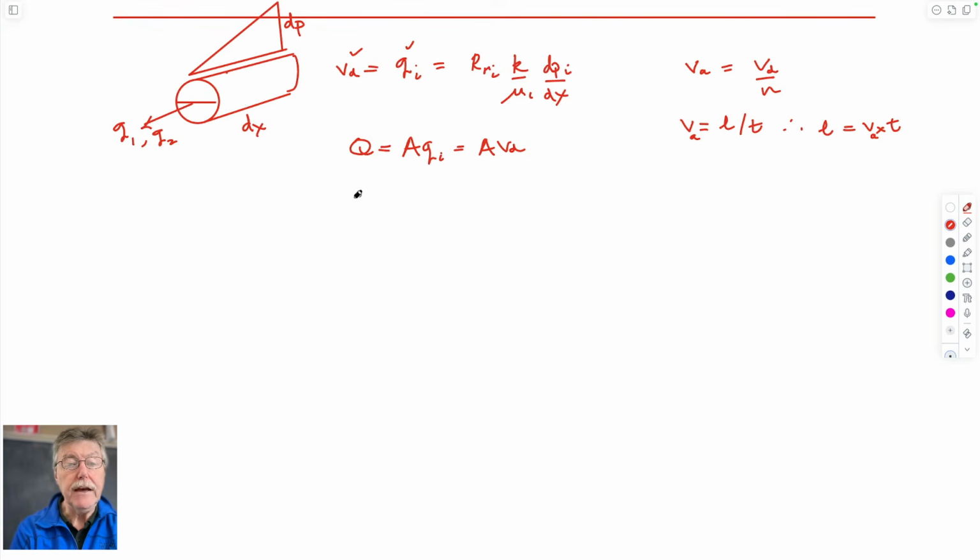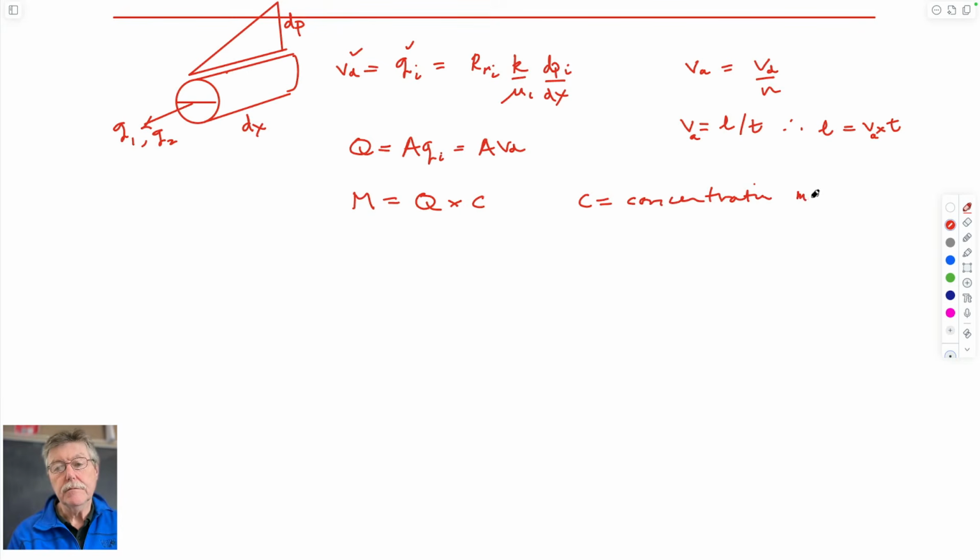And if we have the volumetric flow rate, we can get the mass transported, which is equal to the volumetric flow rate times the concentration. So milligrams per liter of whatever TCE is in the system.